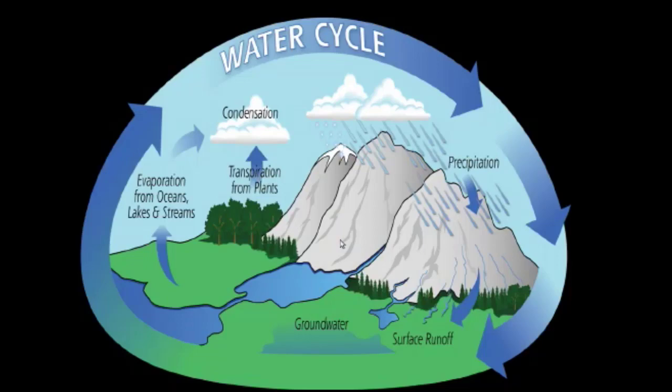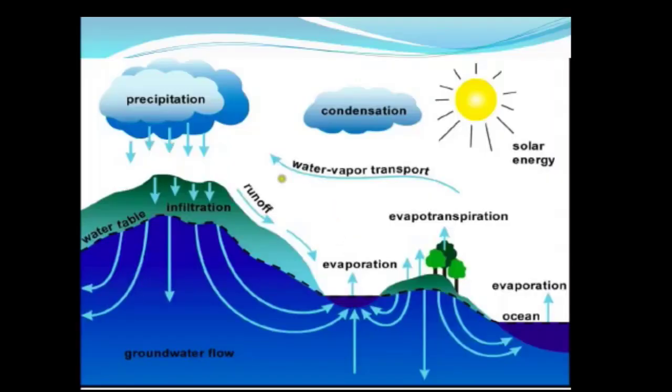Also we can see the precipitation, and the groundwater flow. This is the water table, and infiltration comes from the precipitation. This is the solar energy, the energy from the sun.